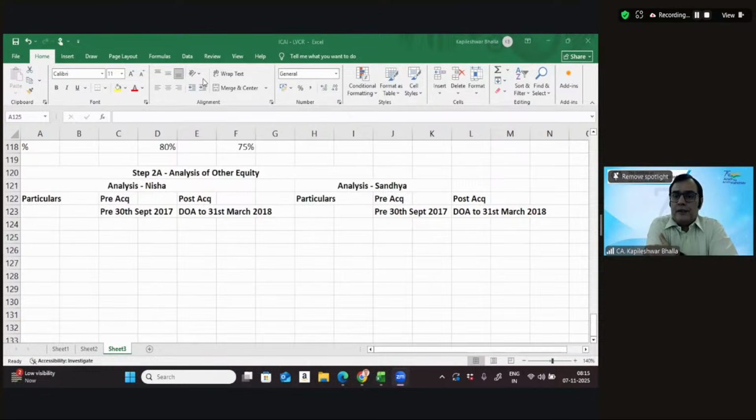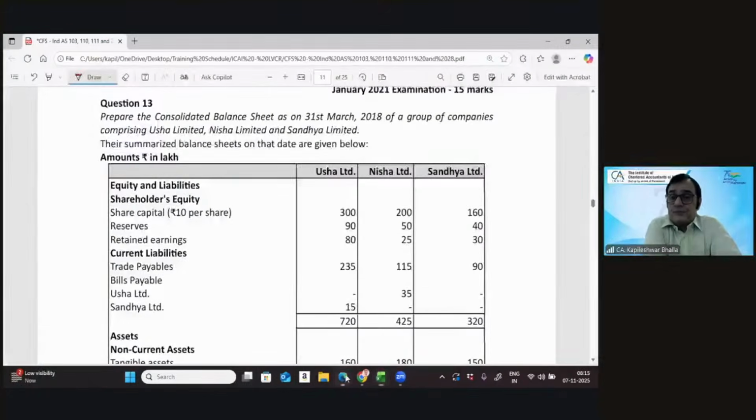What we're going to do in this particular case, we are first going to look at the other equity in the balance sheet of the company. Let's go to the balance sheet. Now, in the balance sheet of Nisha, as well as in the balance sheet of Sandhya, we're given two inputs in this particular case, reserves as well as retained earnings. So we need to take care of both the inputs.